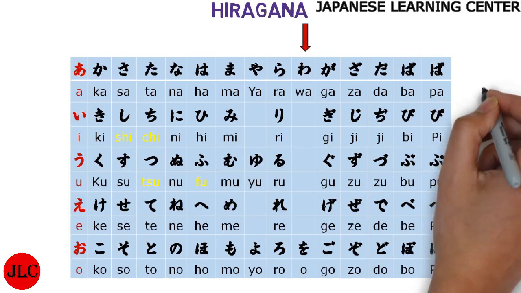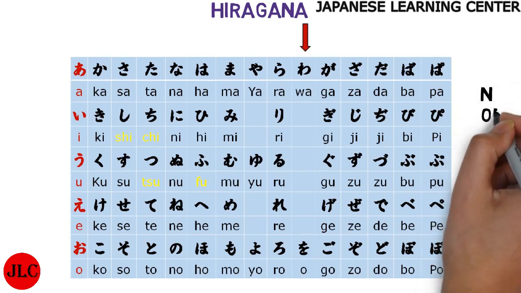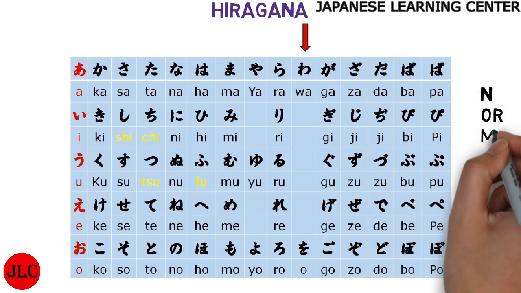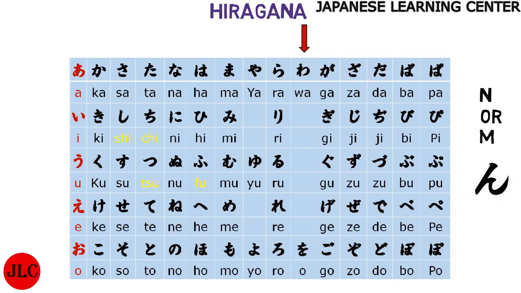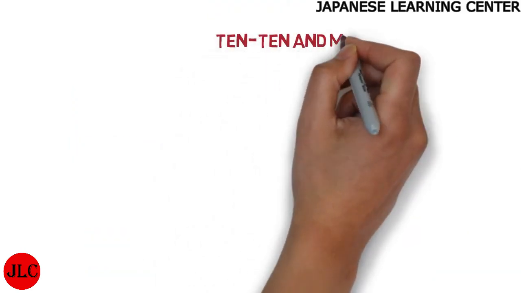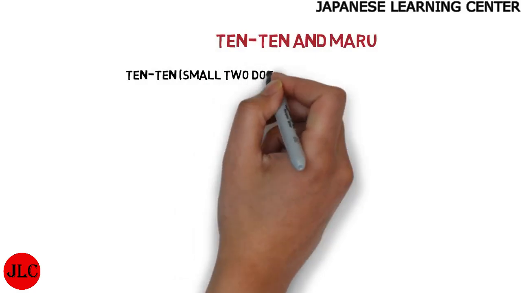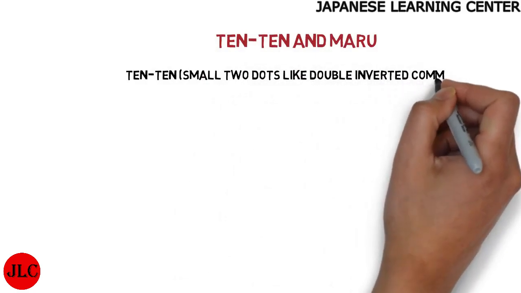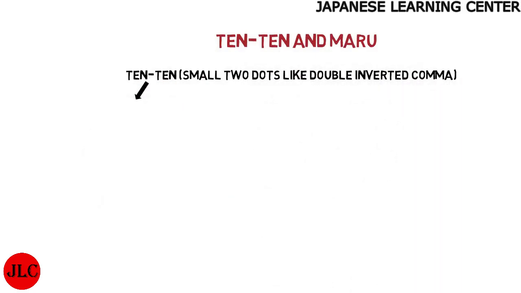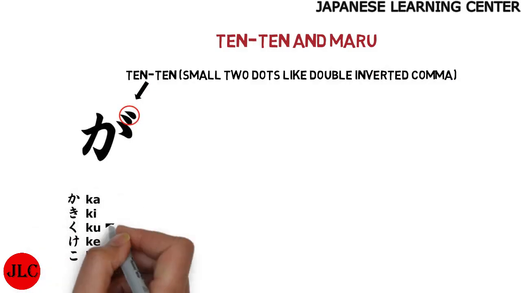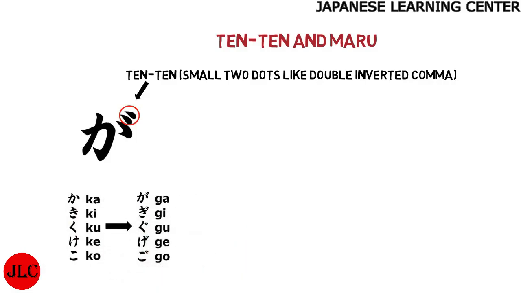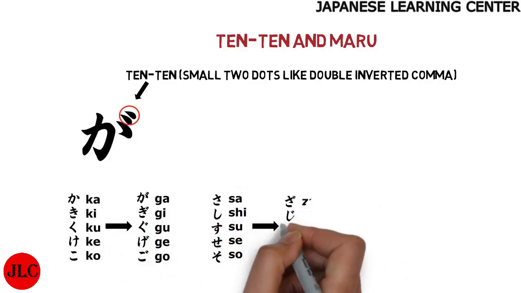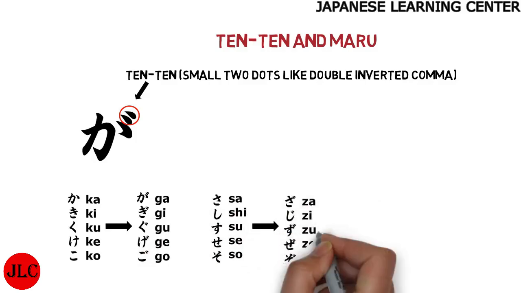There is one separate consonant which is pronounced as a small n or m in English, which is written like this. There is a concept called ten and maru. As we see the ka series, sa, ta, na, if we add a double inverted comma as a superscript, then the ka series gets converted into the ga series. Then it becomes ga, gi, gu, ge, go. And the sa series becomes za, ji, zu, ze, zo.